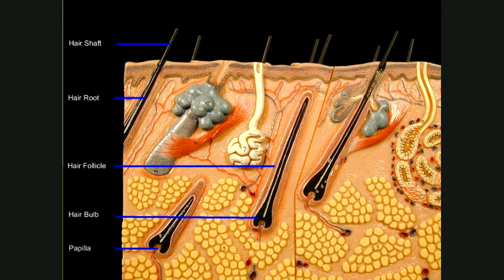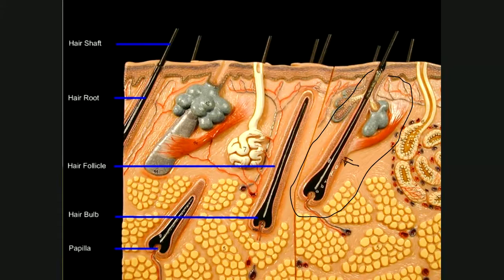So if you look here, this hair is missing, but this is that sheath right there. And here's where that nerve would be attached. I don't know why they didn't put it on there. But there's the muscle, the erector pili muscle. Here are those sebaceous glands, what we just finished talking about. And then if you cut it open, here's what the hair looks like. And so you can see the layers here.